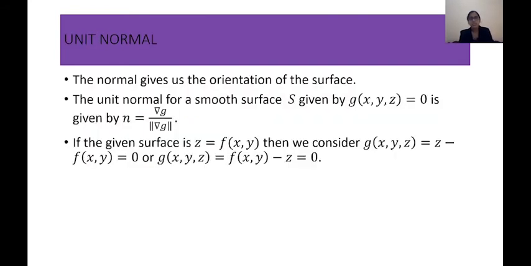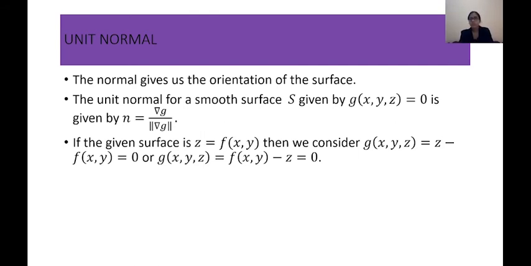As I have stated before, the normal gives us the orientation of the surface. This is just a reminder of what a normal is. We have done this before. The unit normal for any smooth surface given by g of x, y, z equal to 0 is n equal to grad g divided by modulus of grad g.